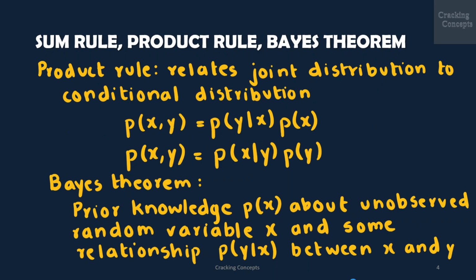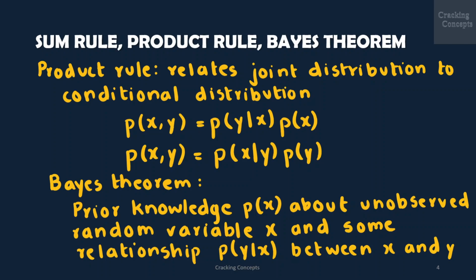The second rule, known as the product rule, relates the joint distribution to the conditional distribution via p(x, y) equals p(y given x) times p(x). The product rule can be interpreted as the fact that every joint distribution of two random variables can be factorized into two other distributions.